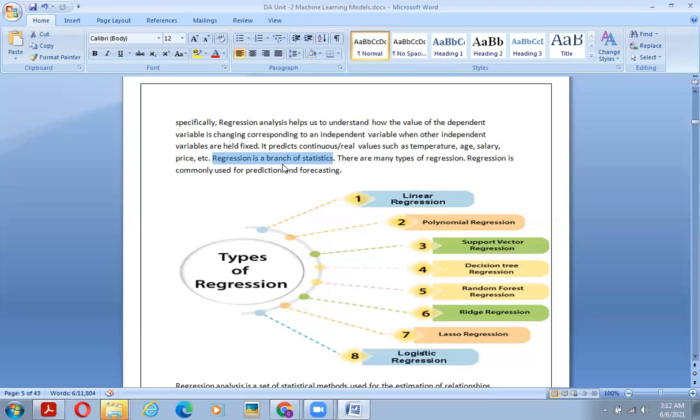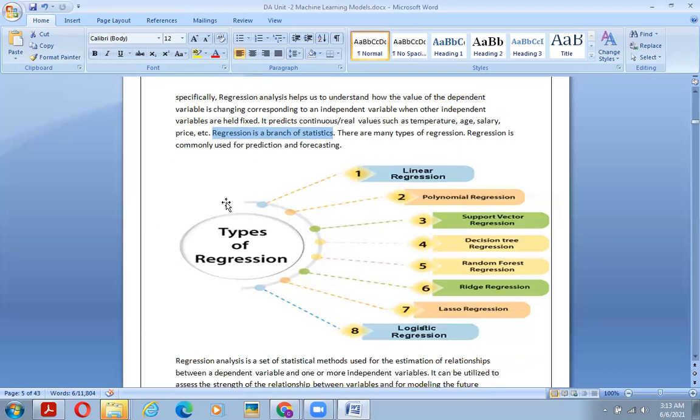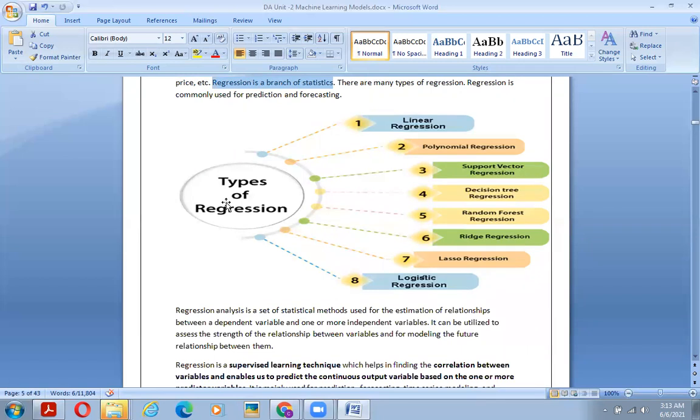This branch of statistics helps us get predictions, and this prediction is done with models like the regression model. It is a branch of statistics implemented as an algorithm method. When the algorithm is implemented with the data, machine learning actually happens.